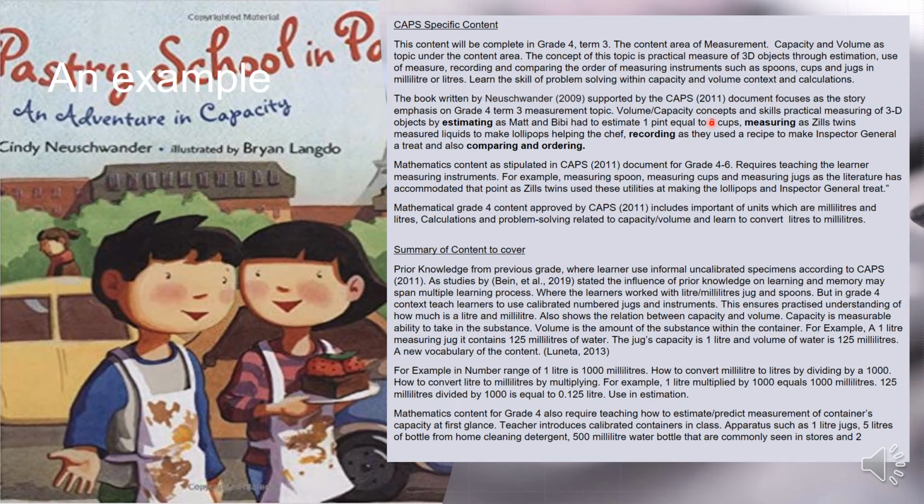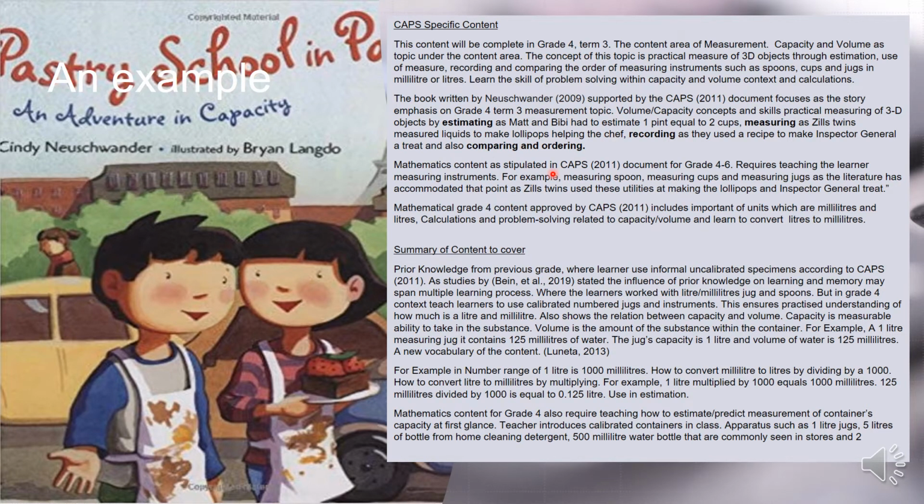Volume and capacity topics and skills were practical measuring of 3D shapes by estimating, as Martin Beebe had estimated that 1 pint is equal to 2 cups; measuring, as the zealous twins measured liquids to make lollipops, helping the chef; recording, as they used the recipe to make the inspector's treat; and also comparing and ordering.